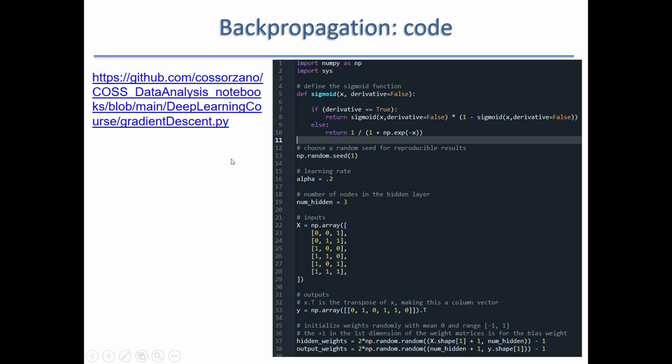Then we construct our weights. You see, they are randomly chosen, with 0 mean, in the range -1, 1, and then this +1 here is to account for the extra dimension for the bias.